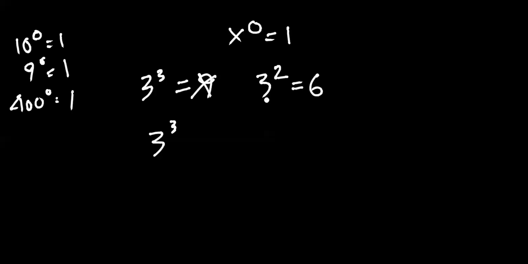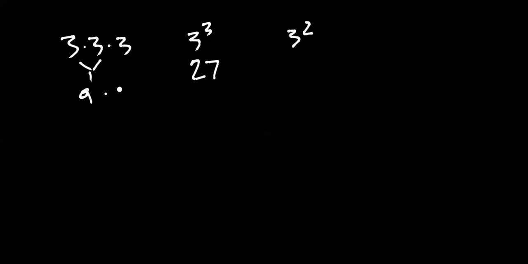That's a mistake. And this is a mistake. So let me just roll this on for a second. If I have the numbers 3 cubed and 3 squared, this is the number 27, because this is 3 times 3 times 3, which is 9 times 3, which is 27. And this is 3 times 3, which is 9.